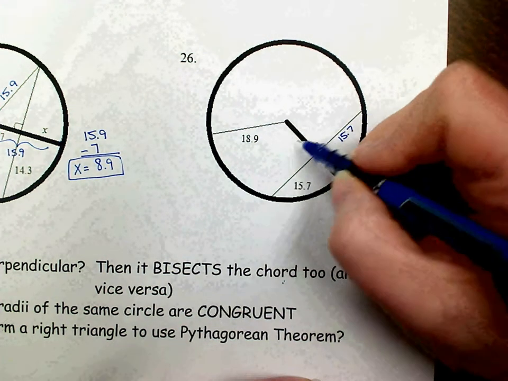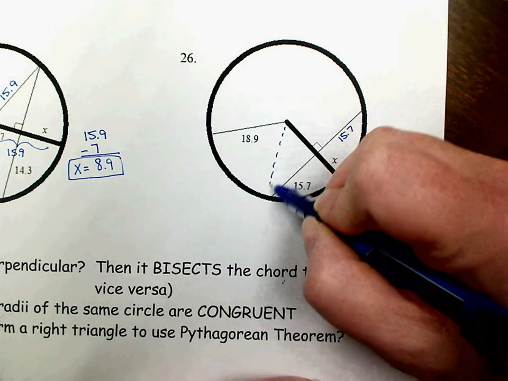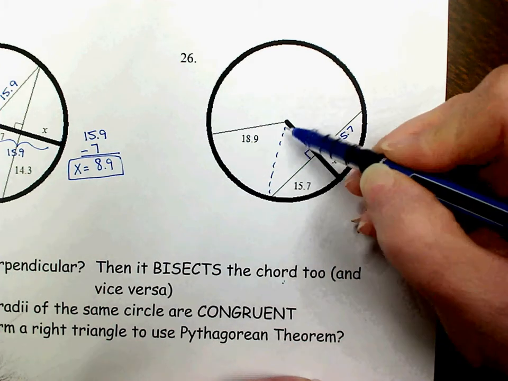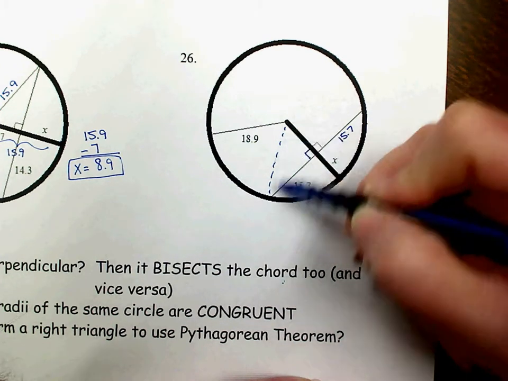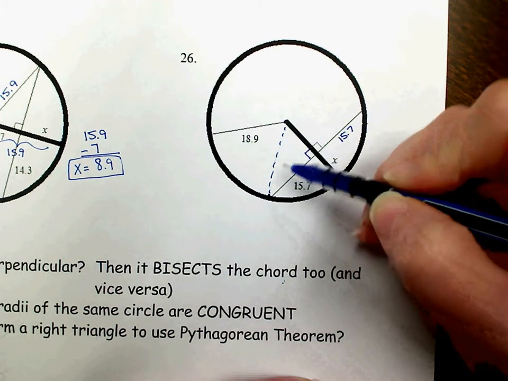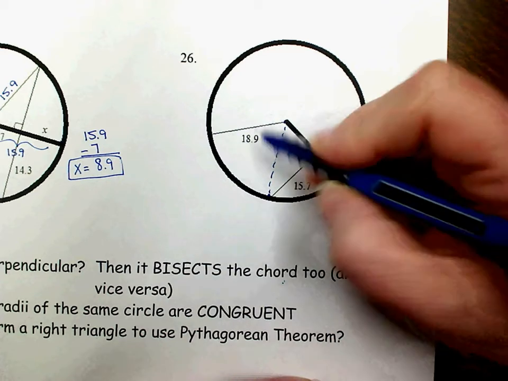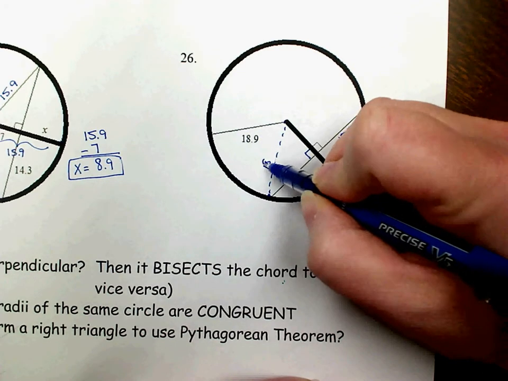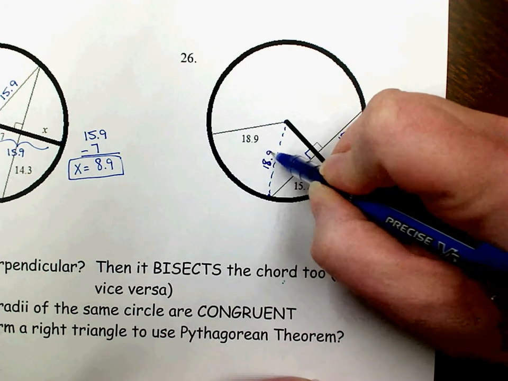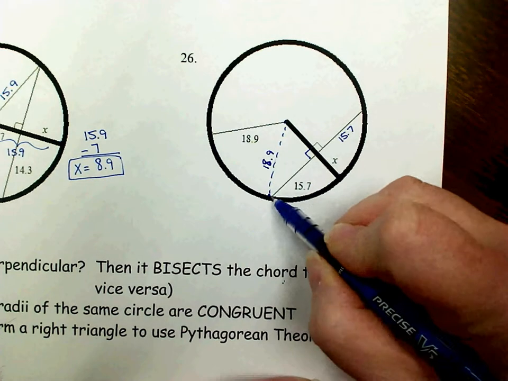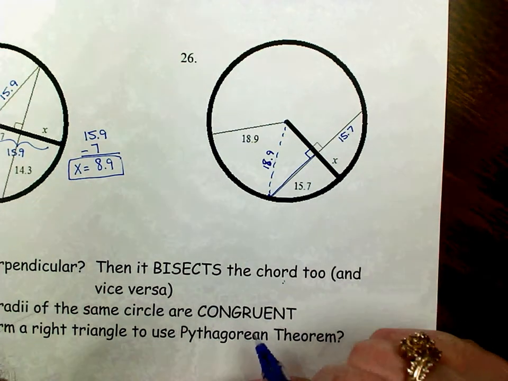They're congruent. So if I make my right triangle right here, I did that by drawing another radius from the center to a point on the circle. So just like this radius would have a length of 18.9. I'm given this leg of the right triangle to be 15.7.